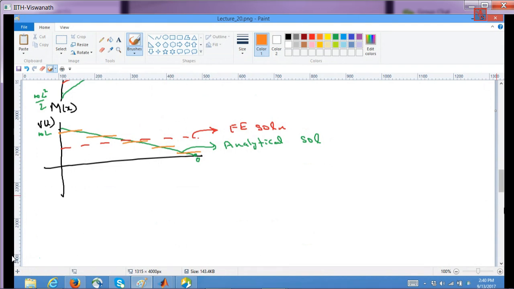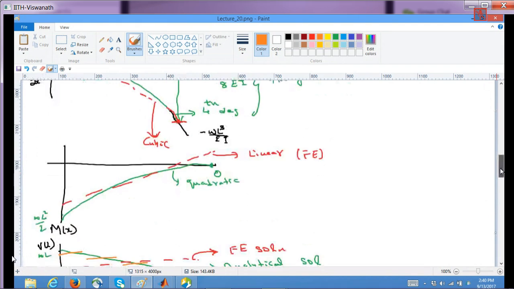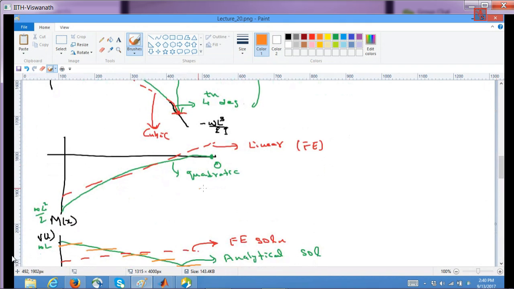Similarly, the shear force, similarly the bending moment, which is kind of linear, can be constructed like this.